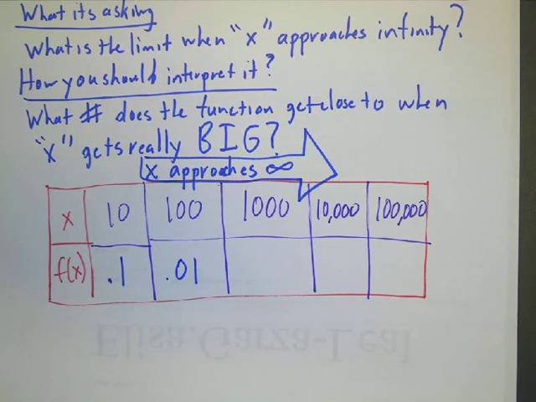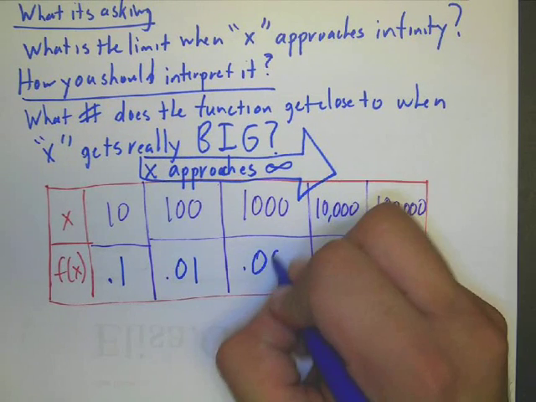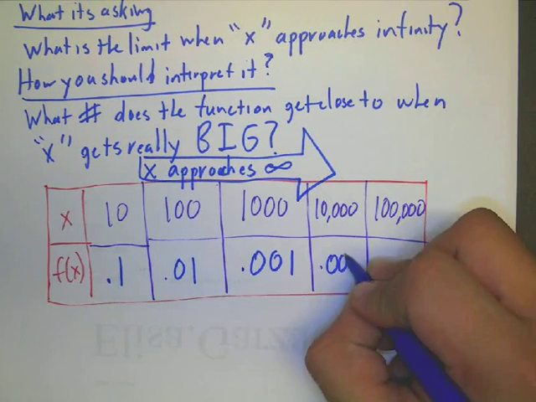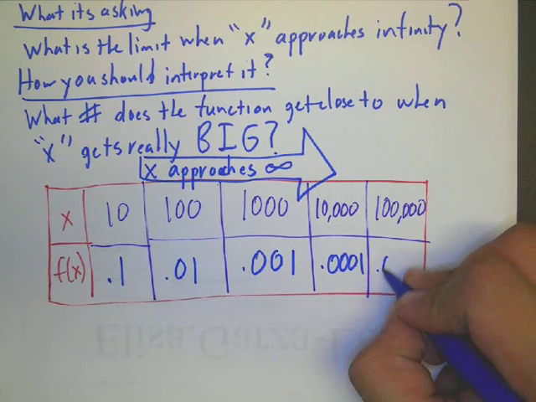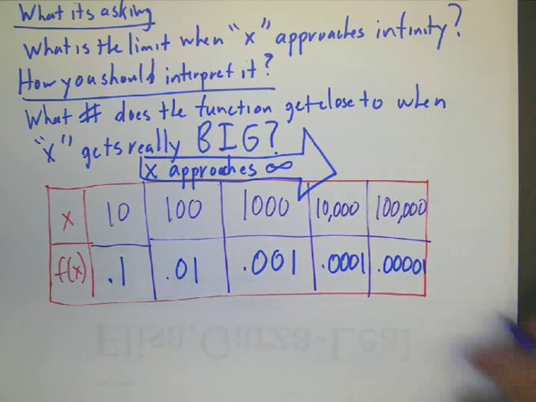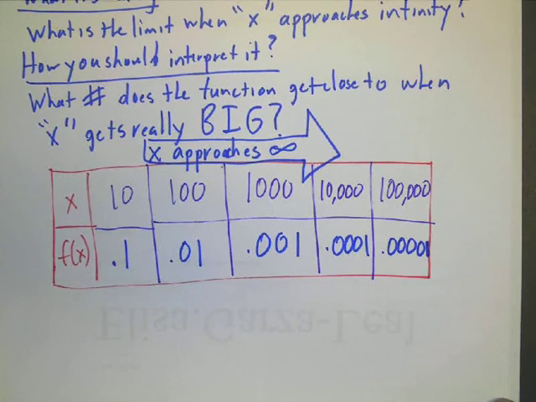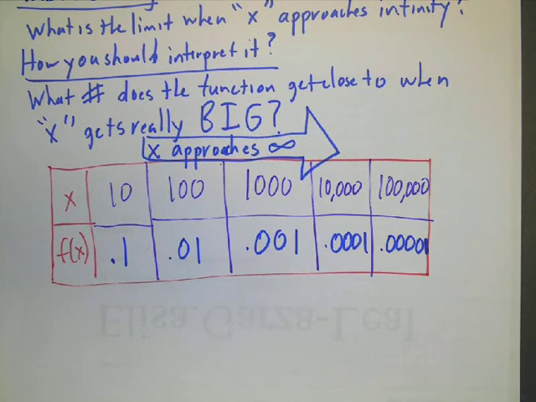Hey, check that out. That's interesting. When x approaches infinity, when x gets larger and larger, the entire function is getting smaller and smaller. And as Jose just said, f of x looks like it's approaching 0.